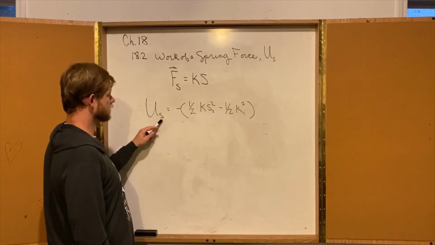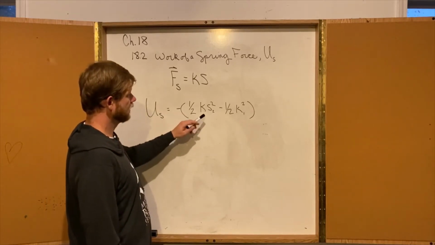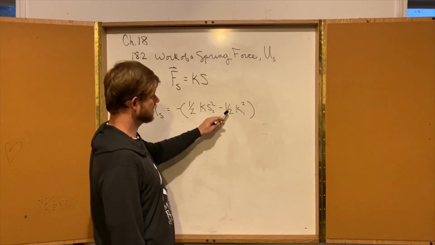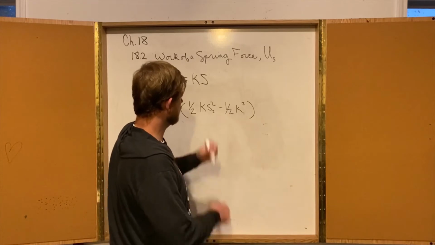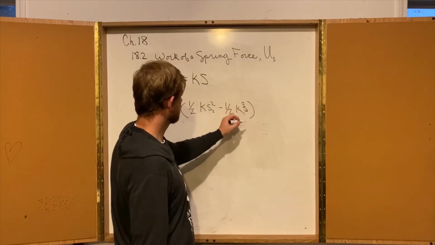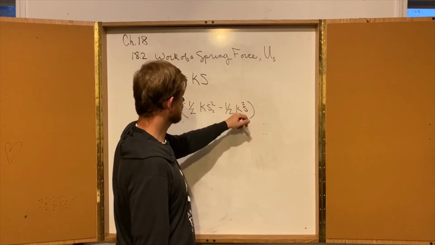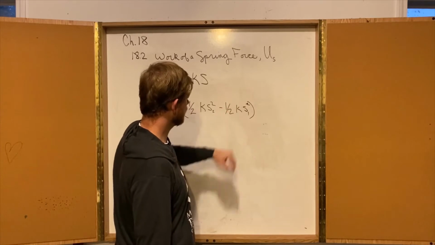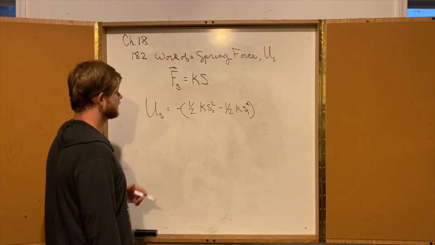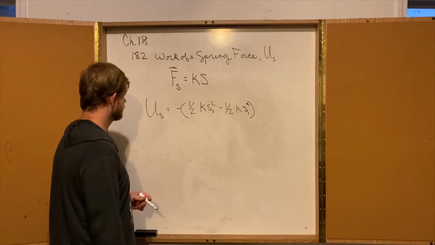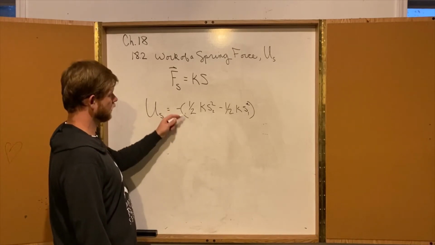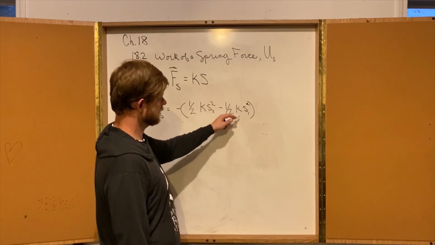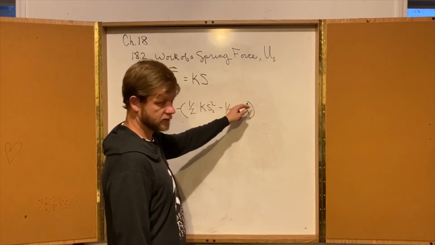So the work of a spring equals negative 1/2 the constant of the spring times s squared in the second position, or the end position, minus 1/2 k s squared in the first, original position. So this is basically all that 18.2 is. Work of the spring equals negative 1/2 the constant of the spring times s squared at the end position minus 1/2 the constant of the spring times s squared in its beginning position.